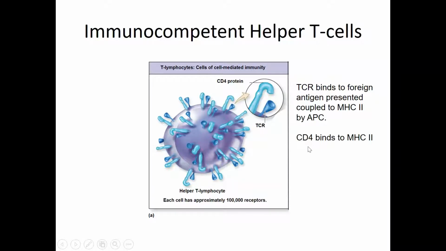The co-receptor on the surface of the helper T cell is CD4, and this is involved in binding to MHC2. It's kind of like a lock and key. MHC2 is found only on antigen-presenting cells, and that interacts with CD4, which is found on the surface of helper T cells.